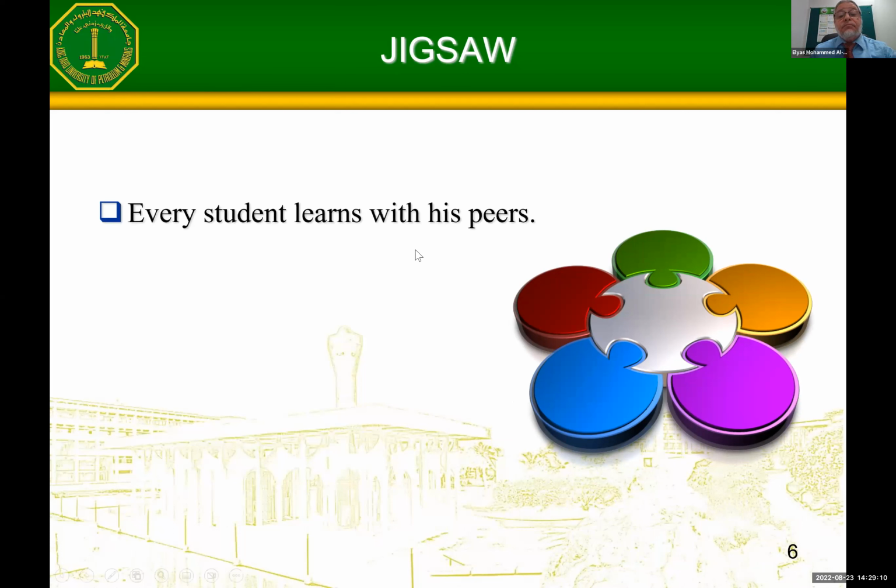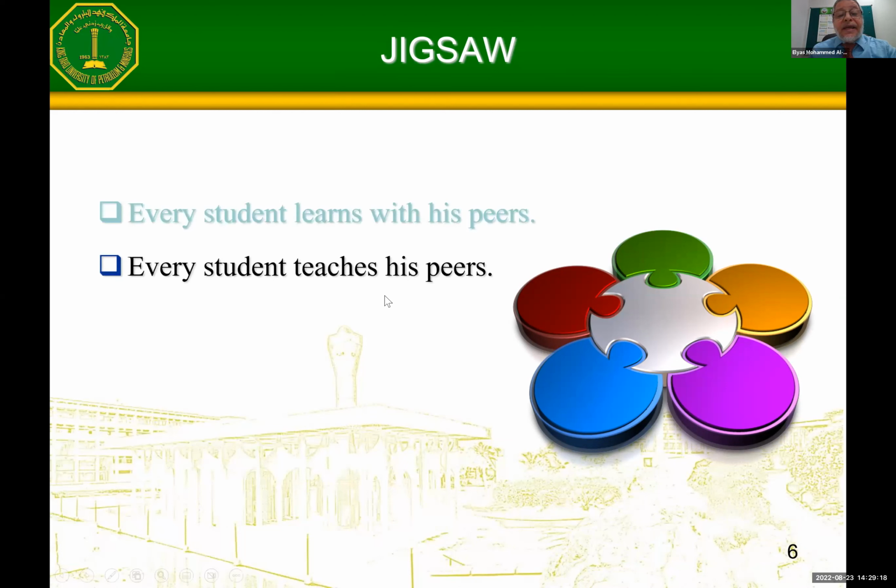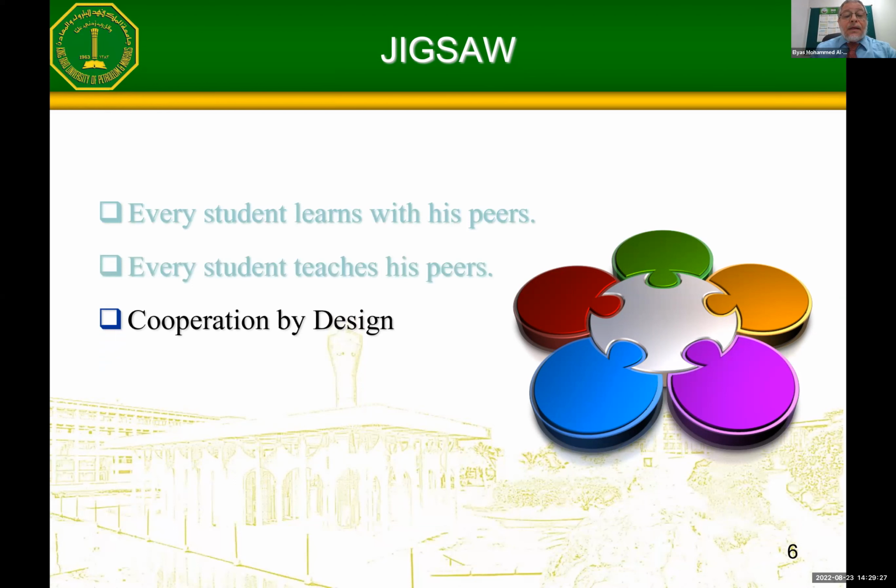Each student must learn with his peers. Each student will teach his peers. Everyone will be working. At the end, it is a cooperation by design.